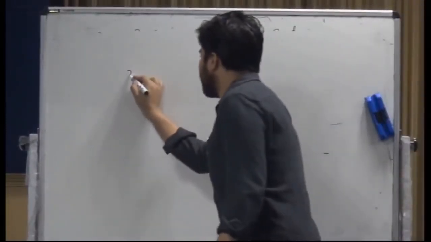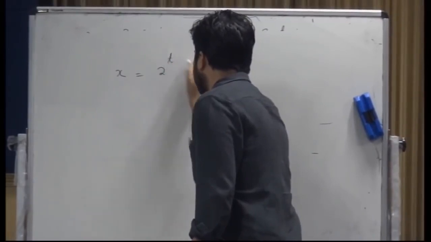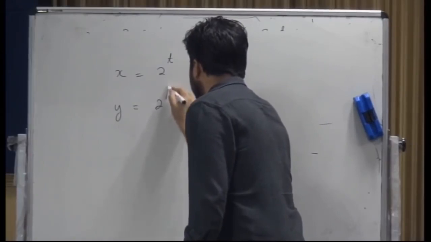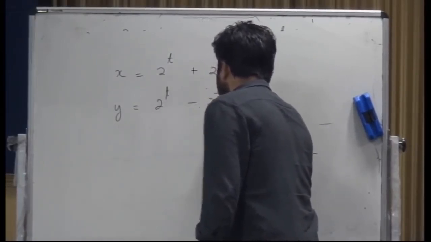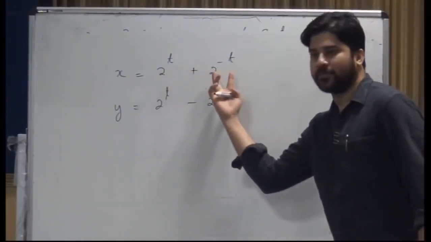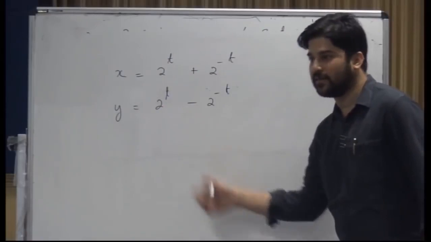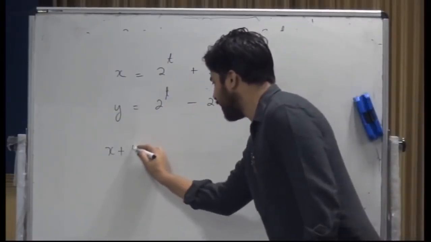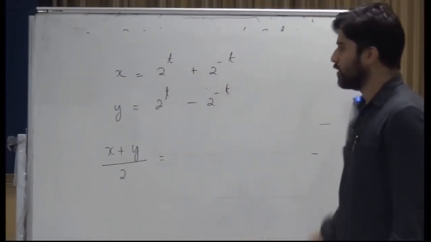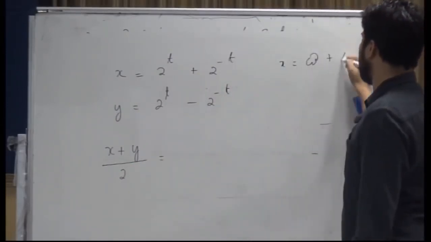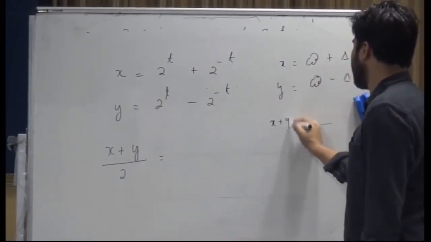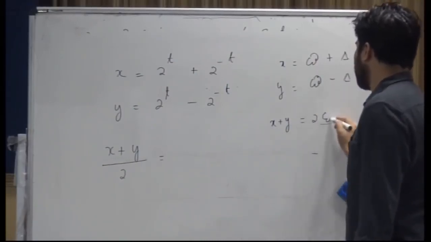You know that x is equal to 2 to the power t plus 2 to the power minus t and y is 2 to the power t minus 2 to the power minus t. If you see, it is something plus something and the same thing is something minus something. So if x is A plus B and y is A minus B, what's going to be x plus y? 2A.